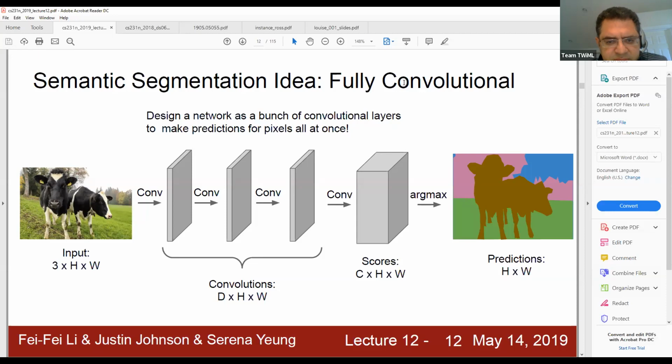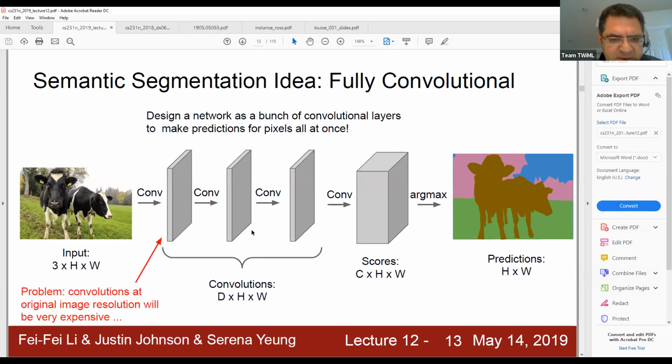You are making predictions for all the pixels at once. But immediately you see there is a big disadvantage here, because many times in these convolutions you increase the number of filters. So you start with say 16 filters, then you go to 32 filters, 64 filters, and you are doing it at full resolution, which is computationally intensive.